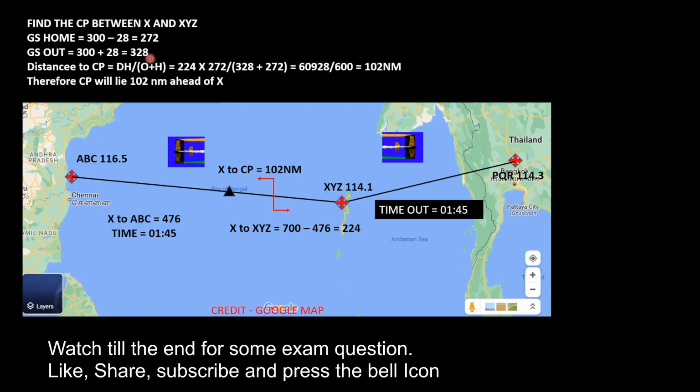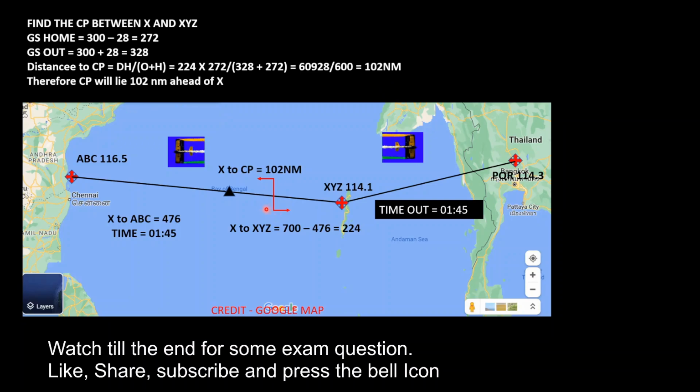With the same formula, distance to CP is equal to dH upon O plus H. The distance left is 224 miles. The ground speed home is 272, and the sum of ground speed out and ground speed home is 600. Now if we solve this, it becomes 60928 upon 600 miles, which is 102 nautical miles.